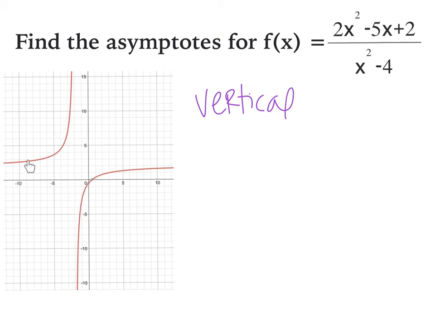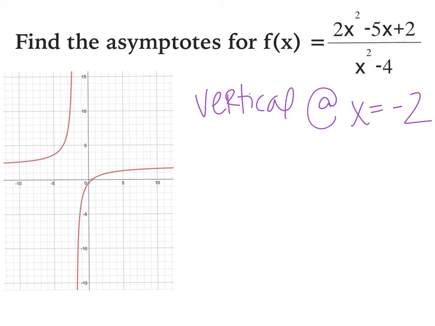Same thing as the top part of the function approaches positive infinity on the x-axis, it's going to get closer and closer to x equals negative 2. So we can say that the vertical asymptote is at x equals negative 2.